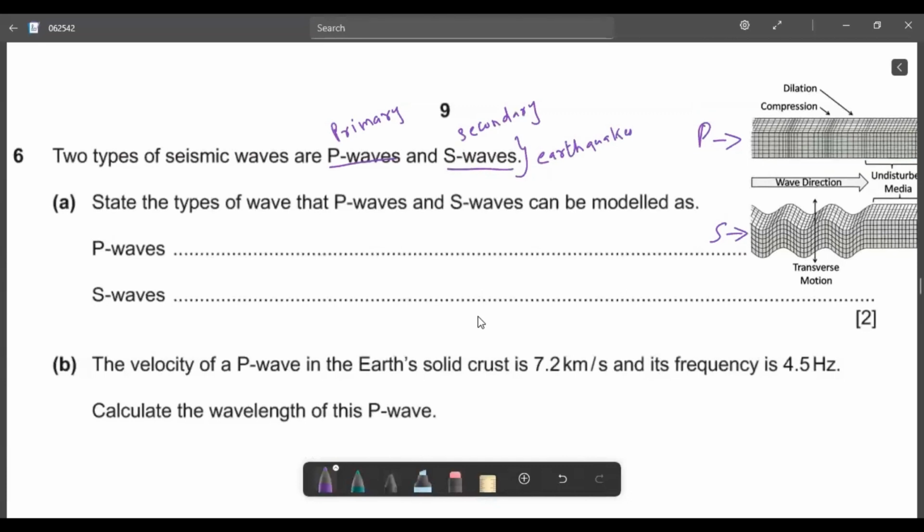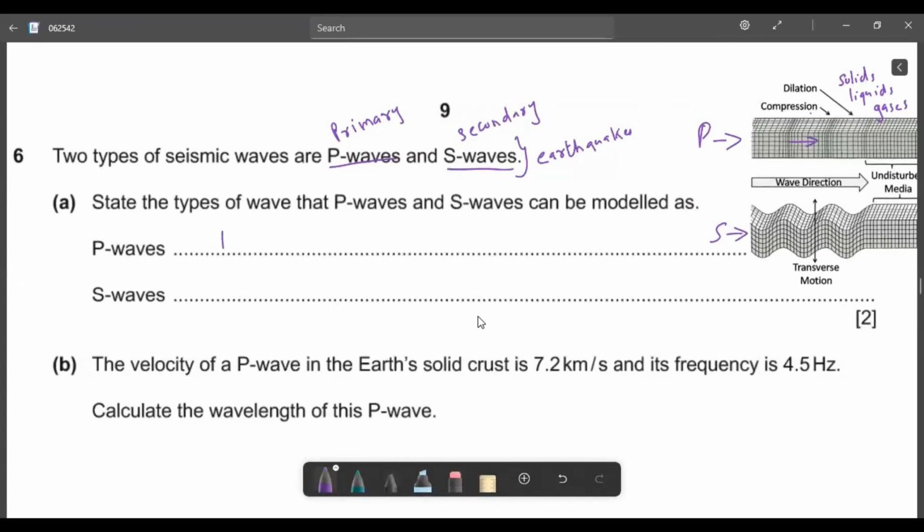P waves are compressional waves that propagate through solids, liquids, and gases. They cause particles to vibrate in the same direction as the wave movement.